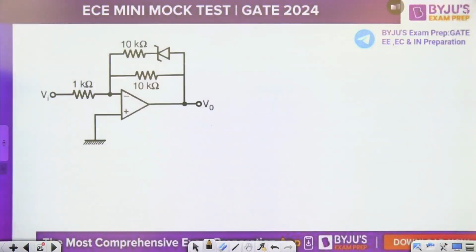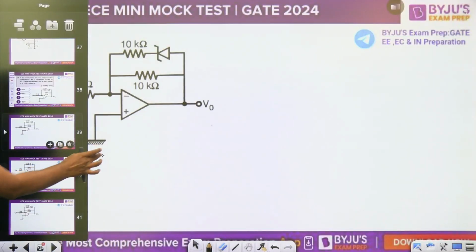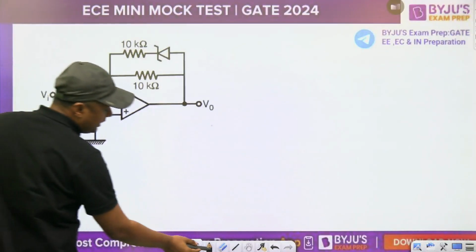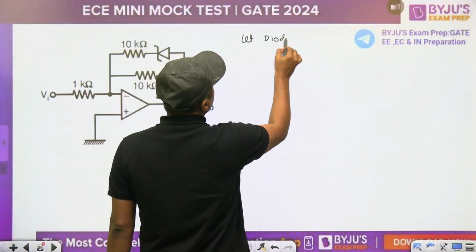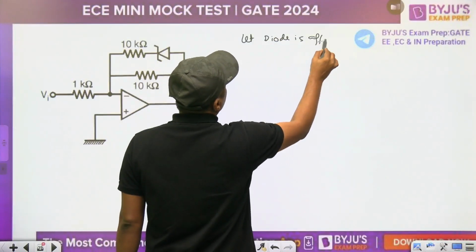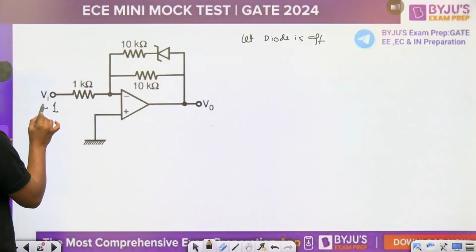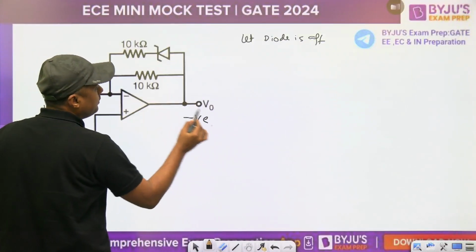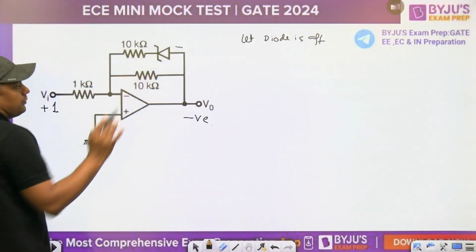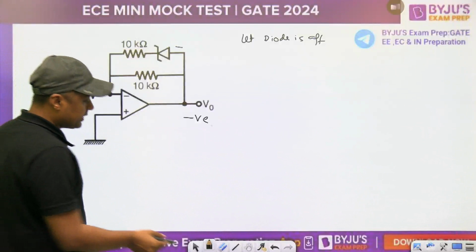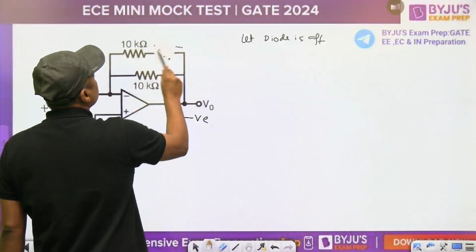Remember, in this question, first of all, you can assume the Zener diode is off. Why off? Because when we are giving the positive voltage here, definitely the output will be negative, and because of this negative, that diode may be reverse biased. So just make it off. Make it open circuit.